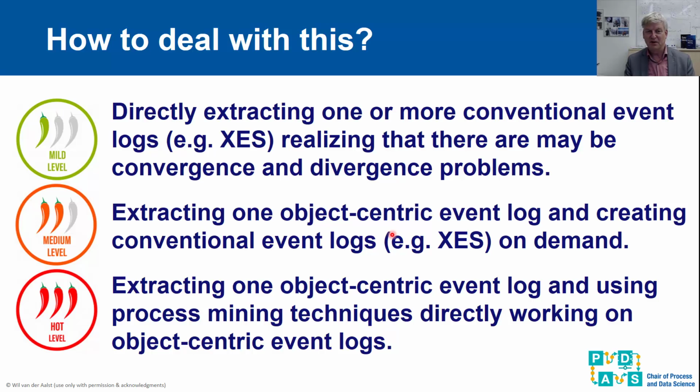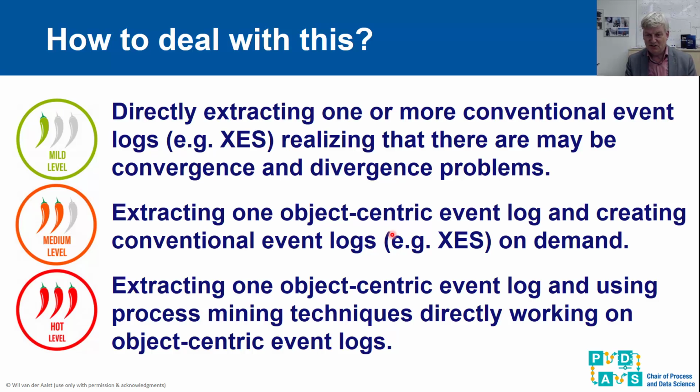That is not a problem as long as you know, and as long as you can have multiple views. So you can mine a process at the order level, or at the item level, and you will generate different process models that have their limitations.